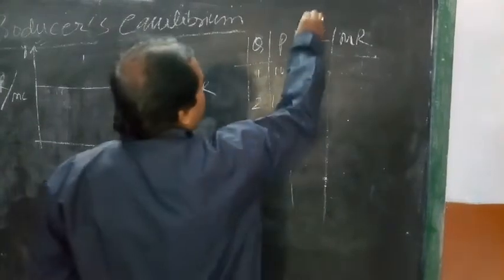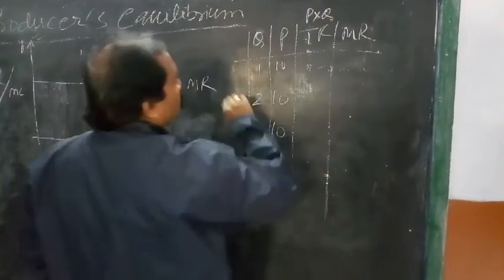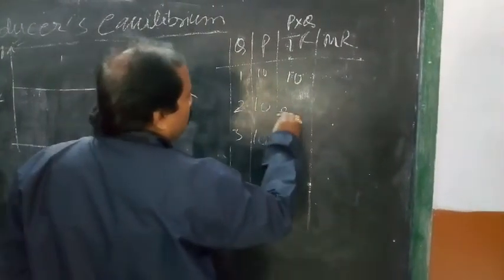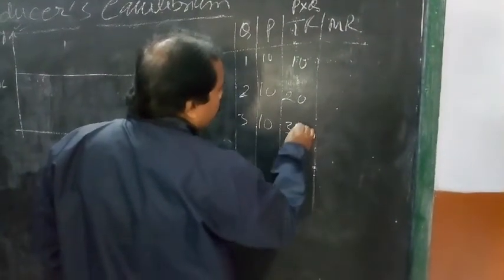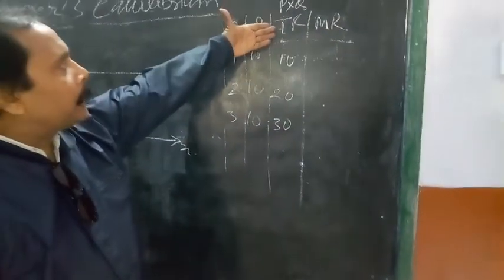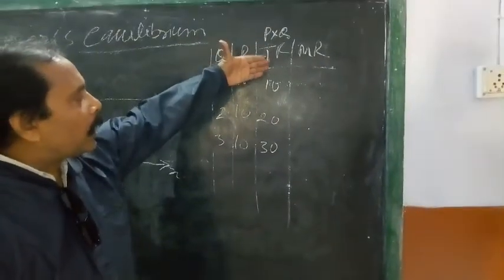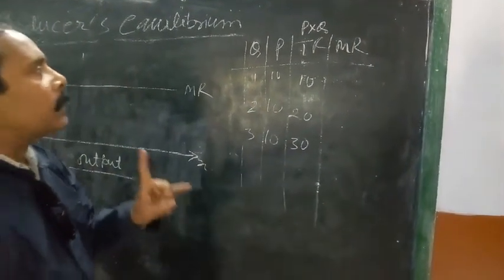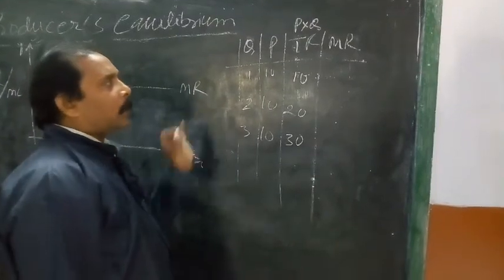So TR is equal to P into Q. 10 into 1 is 10, 10 into 2 is 20, 10 into 3 is 30 and so on. So we find that TR, total revenue, continuously increases at a constant rate. That is the most important word, constant.